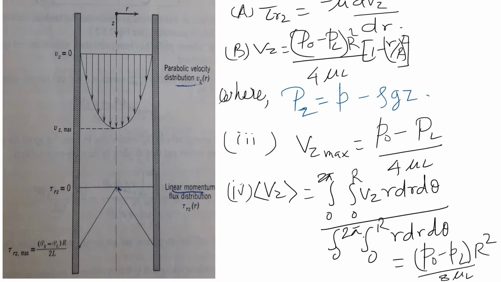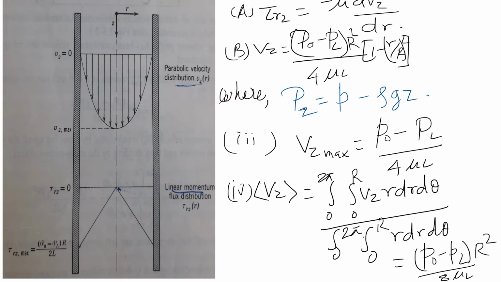You can also observe from the velocity profile of the fluid that vz is maximum at the center of the tube, where r is equal to 0, and you obtain vz maximum as P0 minus PL upon 4 mu L, where capital P0 is nothing but small p0 minus rho g z, right? This we had obtained in the previous class.